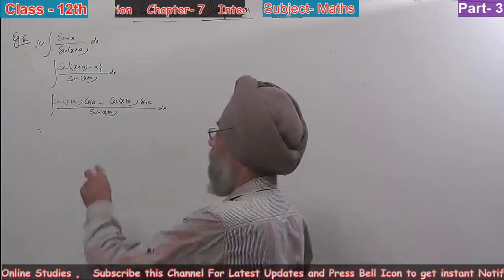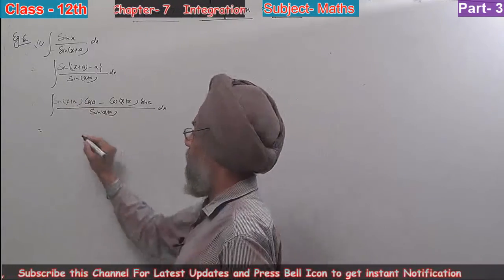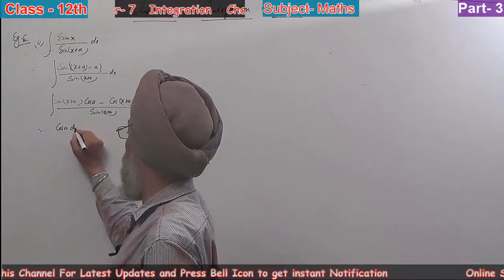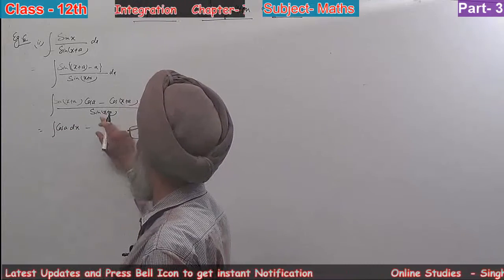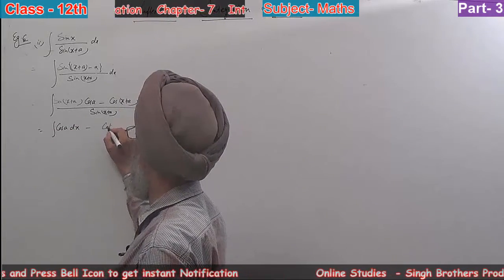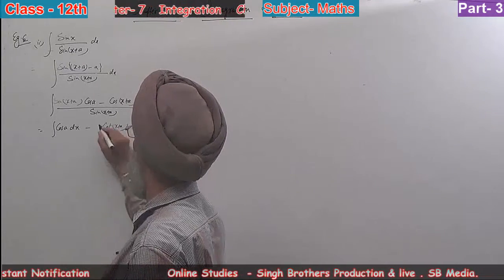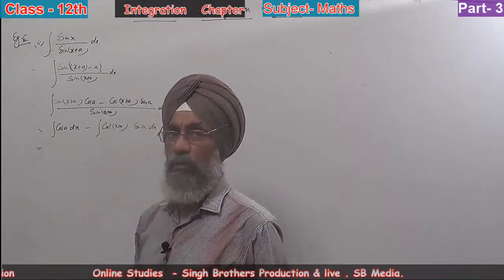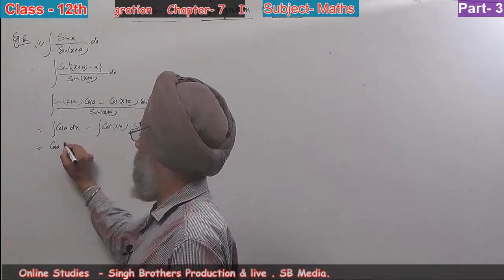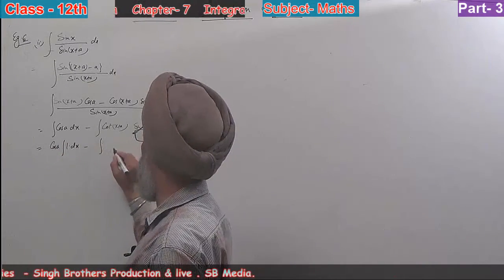If we split these two terms, sin x plus a gets cancelled. We are left here with cos a into dx minus cos upon sin is cot x plus a into sin a dx. Cos a is constant, so we have to integrate only 1 here.